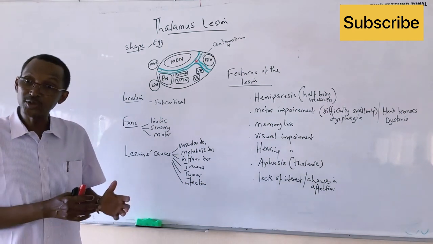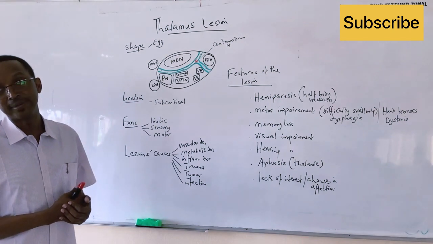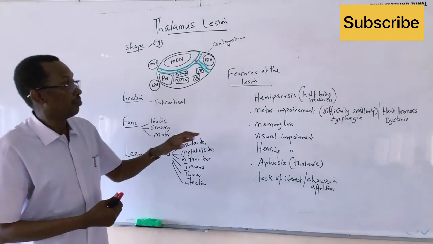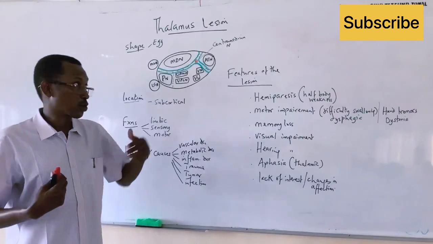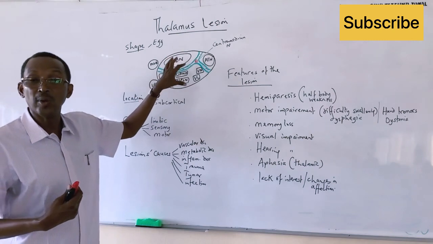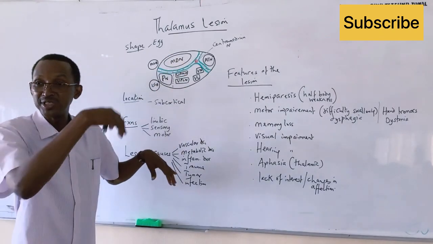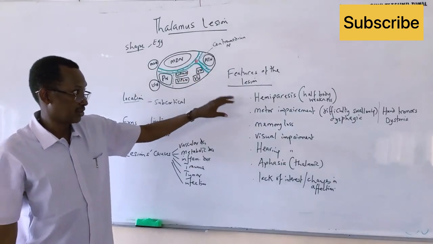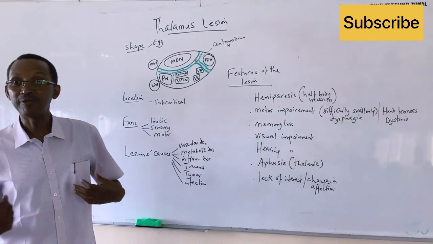If you know the function, and that area or side is affected, definitely you know that the functions are going to be affected. What we mean by hemiparesis is that half of the body is going to be affected, because we have two thalami, one left, one right. If the left is affected, the opposite side is going to be affected. That means the motor functions, that is what you call hemiparesis, weakness of half of the body.